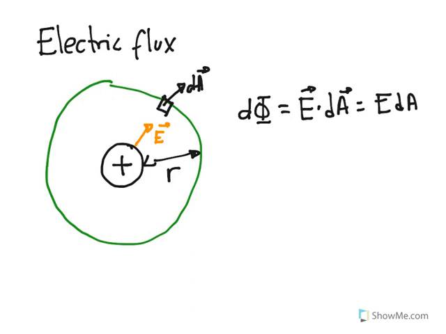And if I add up all of the contributions over the whole sphere that is surrounding this particle, that is all the electric flux at that area, and this is equal to an integral.